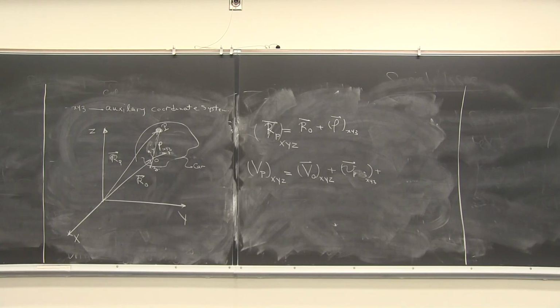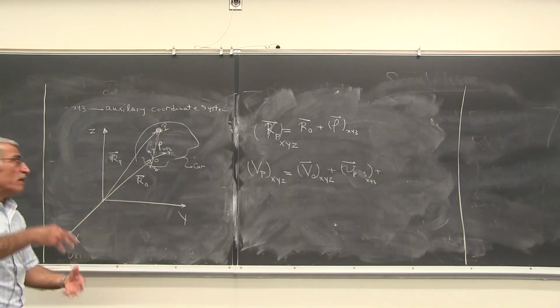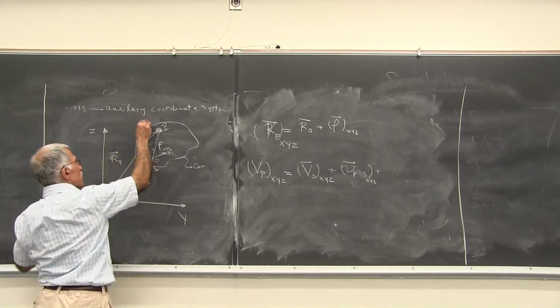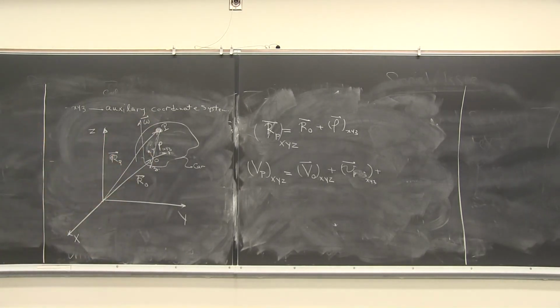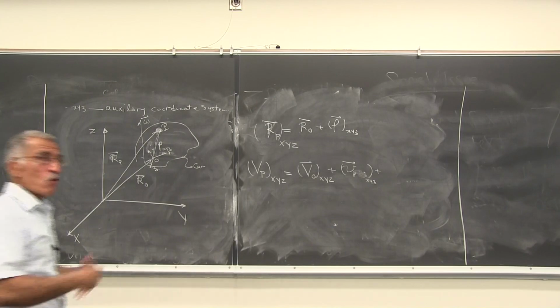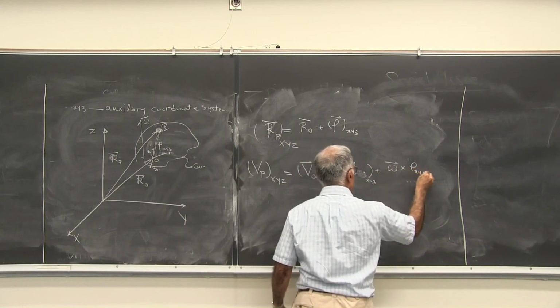Even if vector rho is constant, if it is being twisted by the rotation of the car, then you have additional velocity. It could tumble because this car could have angular velocity omega, and if the car is tumbling, even if everything is frozen in the car, that has an additional component, which is omega times rho, or omega times A as we said. So it's omega times rho xyz.